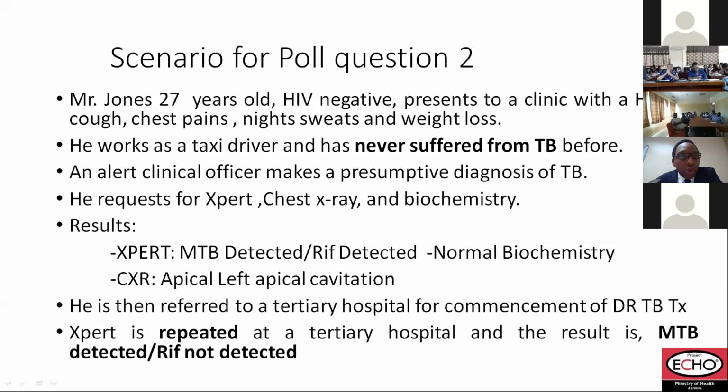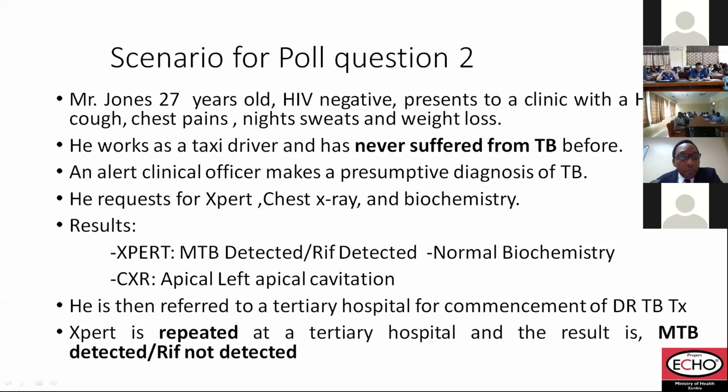An alert clinical officer or a nurse like yourself makes a presumptive diagnosis of TB. You really think this is TB. You request for Xpert, which is a GeneXpert, chest X-ray, and biochemistry.